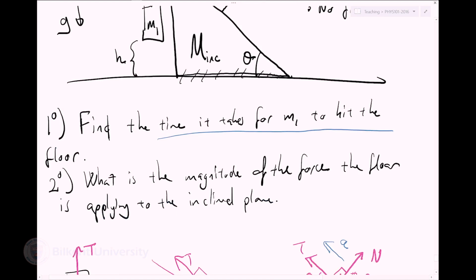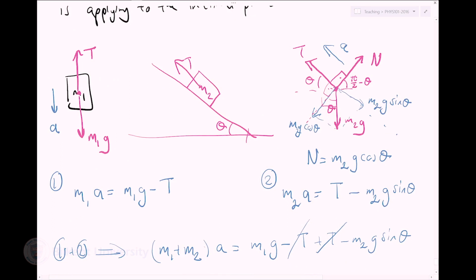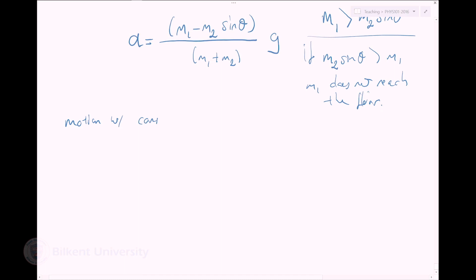How do I do that? Now I have found the acceleration here. And the motion will be motion with constant acceleration, right? So this is motion with constant acceleration. One half a t square must be equal to h, the distance that's traveled.